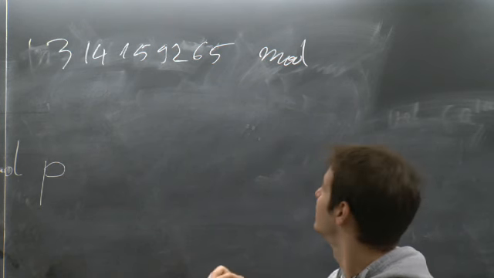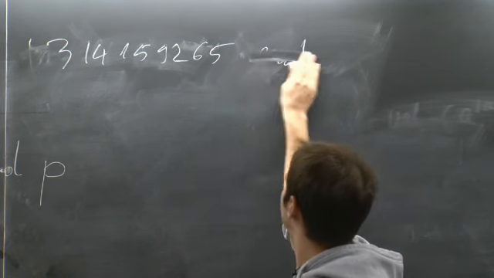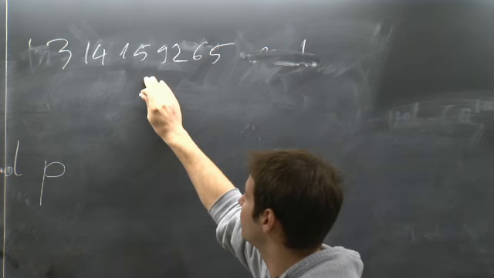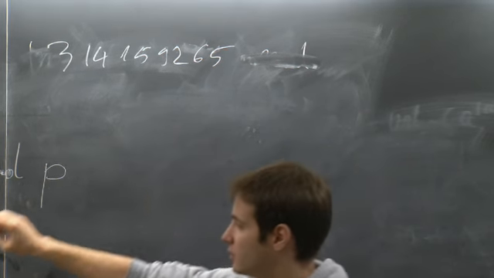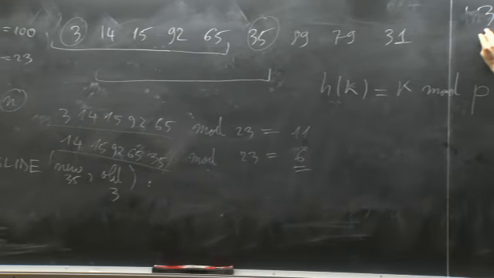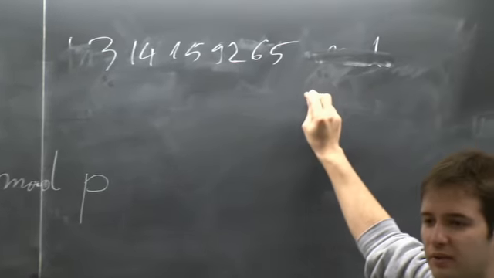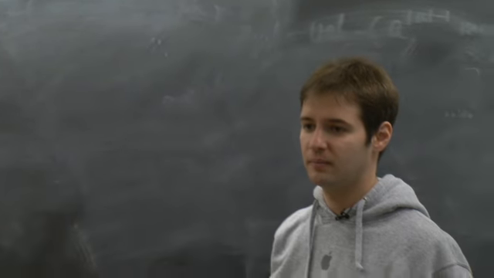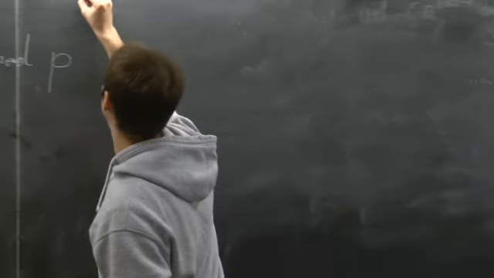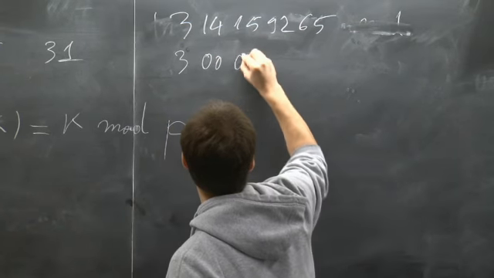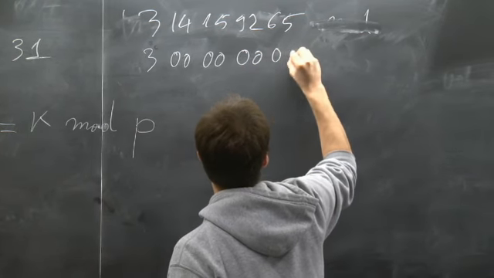Someone says subtraction. So what I want to do is get from here to this number, right? I want to get rid of the 3, and add 35 at the end. To get rid of the 3, what do I subtract? 3 with a bunch of zeros. Excellent. 1, 2, 3, 4, 5, 6, 7, 8.